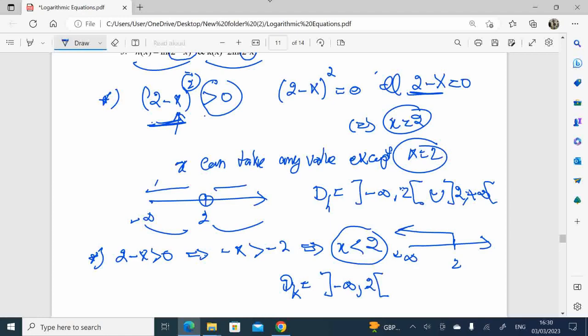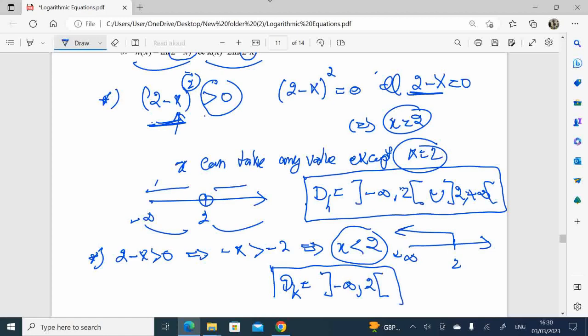So as we can see here, the domain for the first function h is everything except 2, while the domain for the second function k is minus infinity to 2.